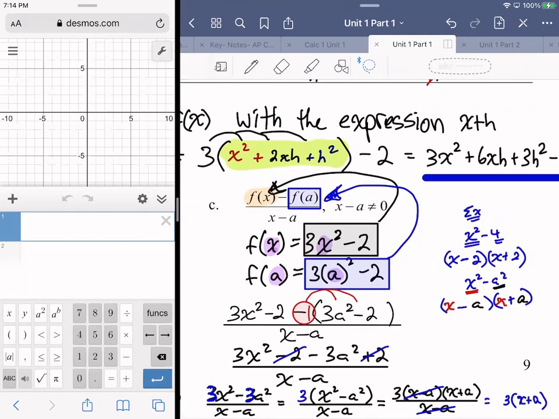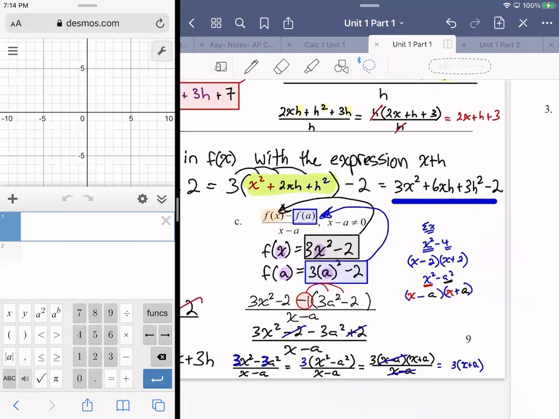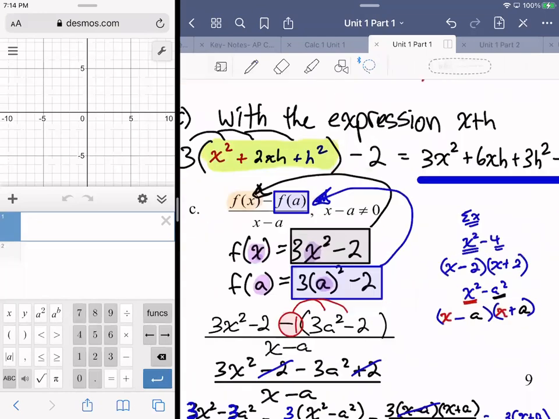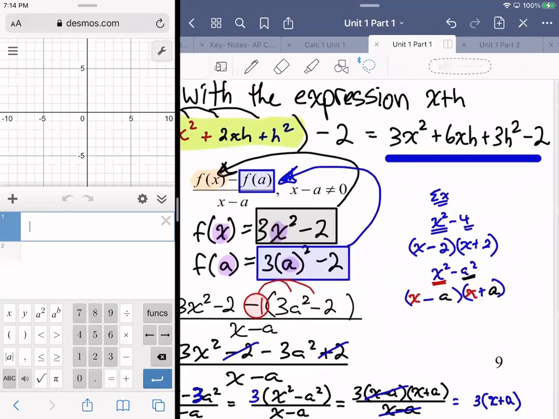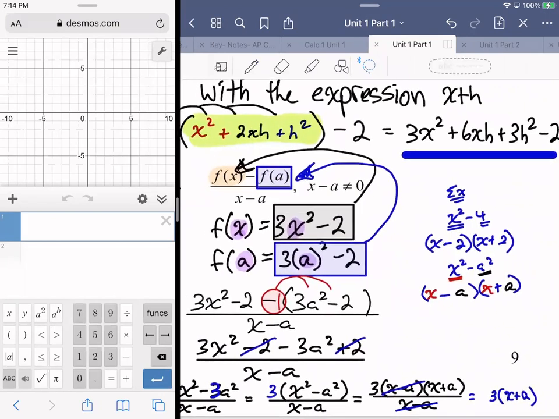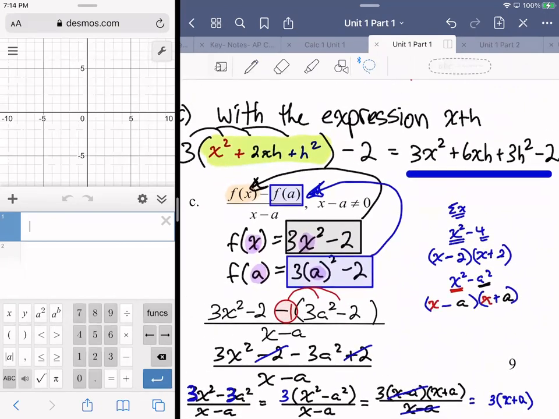Now that looks very different from what we had on the previous part, because the other one was 6x plus 3h, but they actually both do the same job. They both will give you the slope of the secant line. And it's very easy to forget that that's what this is all about, finding the slope connecting 2 points on a graph. I got caught between curve and graph there.